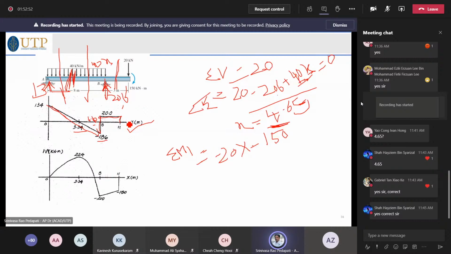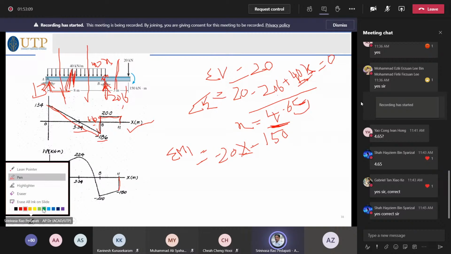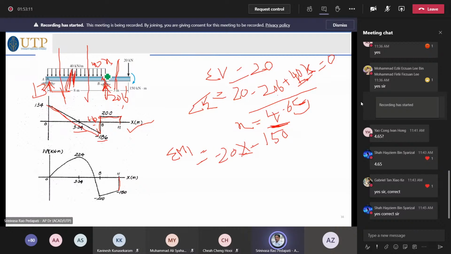So for the moment diagram, at x is equal to 0, what happens? Minus 150 is the moment. So that is what is shown here at x is equal to 0. When x is equal to this point, 20 times x means 20 times 3, which is 60.